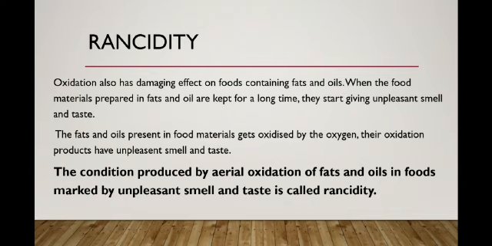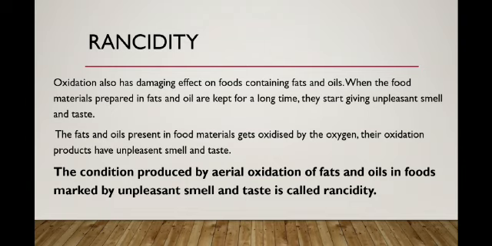When this direct contact is blocked, then rusting, the process of corrosion, will not take place. And if the rusting of iron will not take place, the lifespan of the iron will be longer. So to increase the lifespan of the iron material, we apply coating of paint on the iron materials.